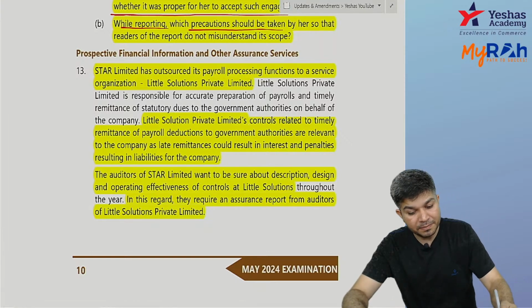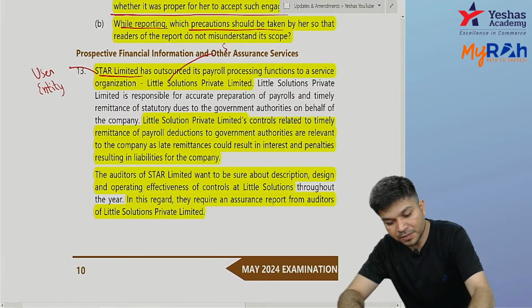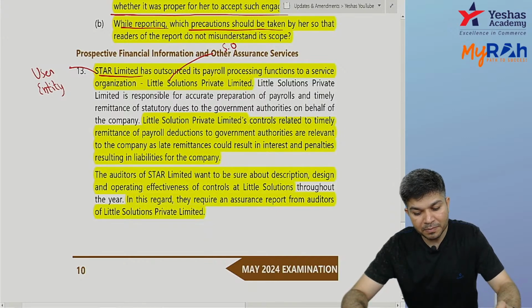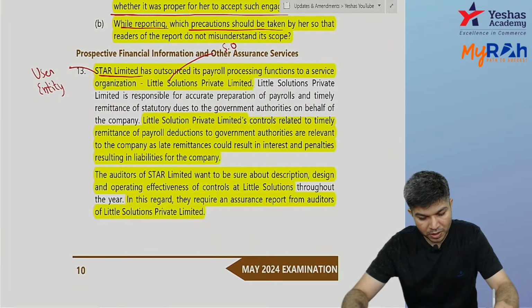Star Limited has outsourced the payroll processing function to Little Solutions Private Limited. So Star is a user entity, and they've outsourced the payroll related work to Little Solutions, who become a service organization. Okay, Little Solutions Private Limited's controls. Achha, the service organization's controls related to timely remittance of payroll deductions to government authority are relevant to the company.